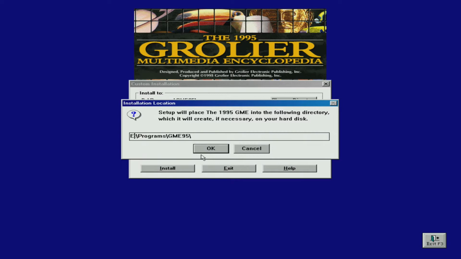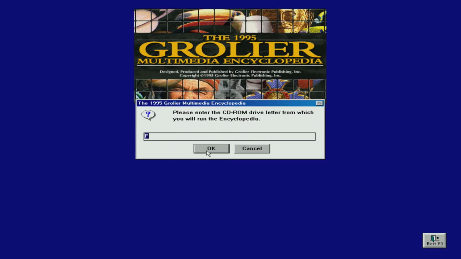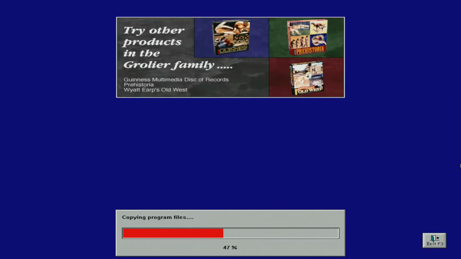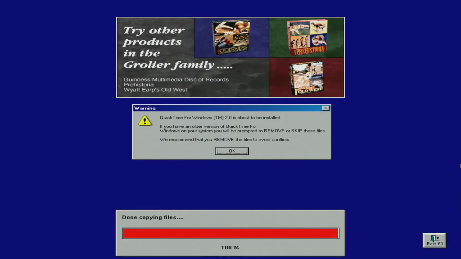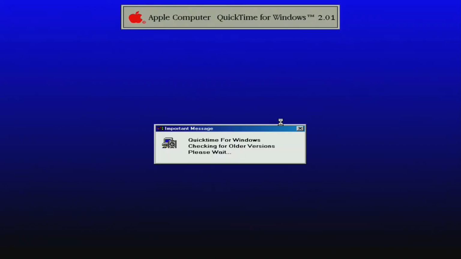Let's try the E drive. This should work. The CD is the F drive, yes. You have to install part of it on your hard drive in order to use this program. The neat thing about this is you also have to install QuickTime so you can see the videos.